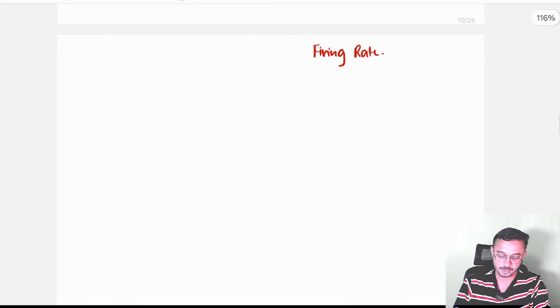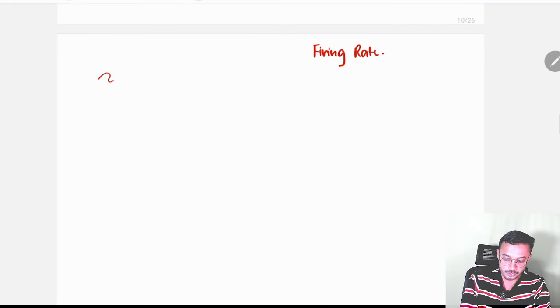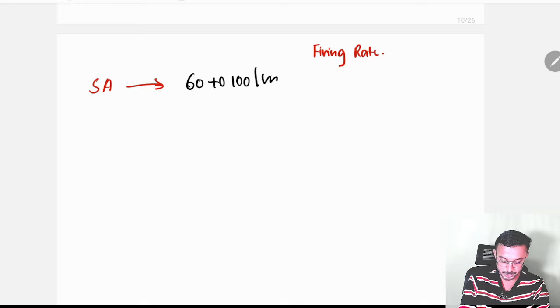So next, firing system or firing rate is very simple. You should know how much the SA node will fire, how much heart rate it will generate: 60 to 100 per minute. Then the AV node, how much will it generate? The AV node will generate 45 to 60 per minute.